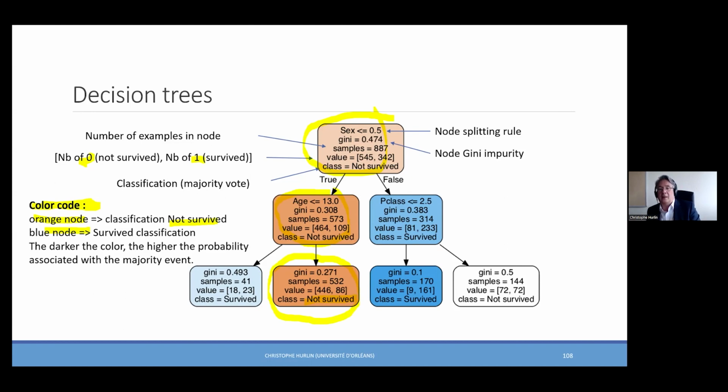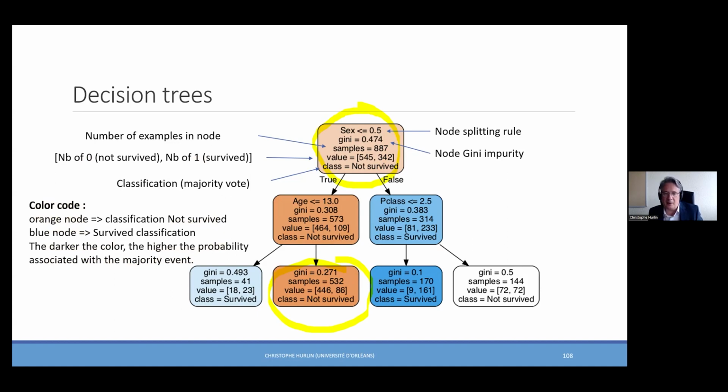As you remark, there are some differences in the color orange used by scikit-learn, because there is a second color code, which means that the darker the color, the higher the probability associated with the majority event. So let me now define what we call the probability. We have this group, for instance, in which we predict that people will survive.